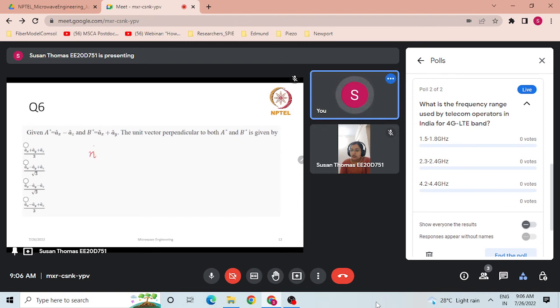To find out the unit vector perpendicular to A and B, we need to take a cross product of A and B divided by modulus of A cross B. A cross B can be evaluated as Ax, Ay, Az in the first row, and in the second row we write the vector A components, 1, 0, minus 1, and vector B components we write 1, 1, 0.